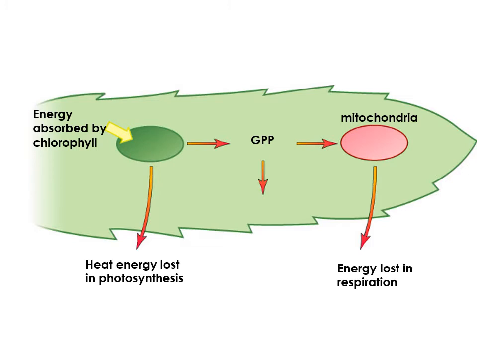And during that process of converting the energy trapped in glucose into energy trapped within ATP, an energy transfer molecule, that energy is used to fuel biological processes throughout the plant.